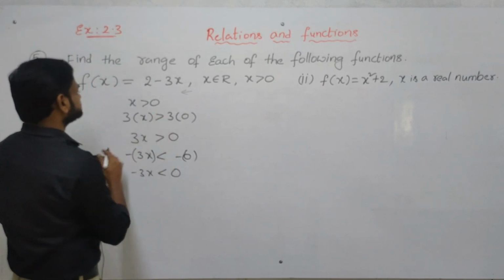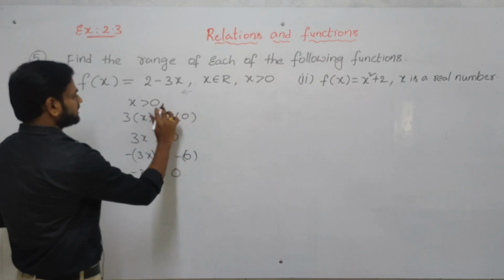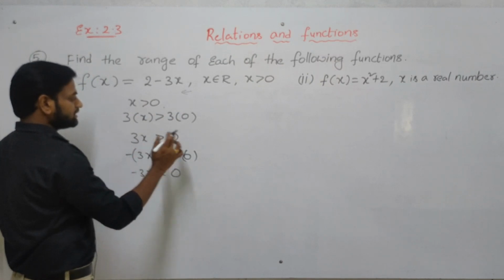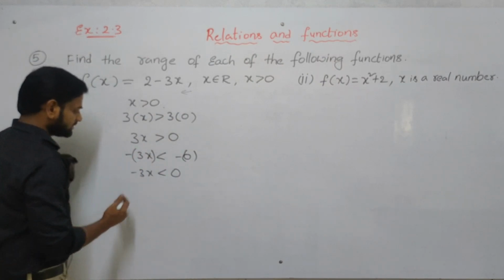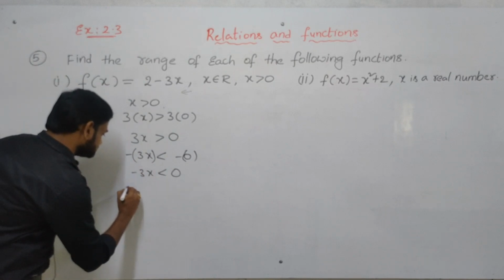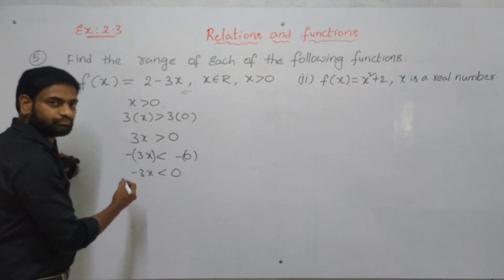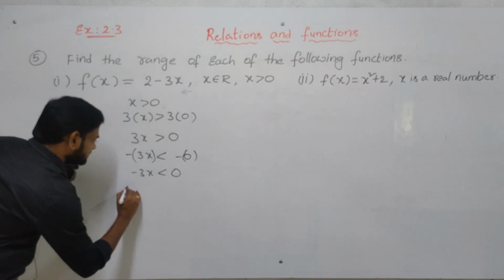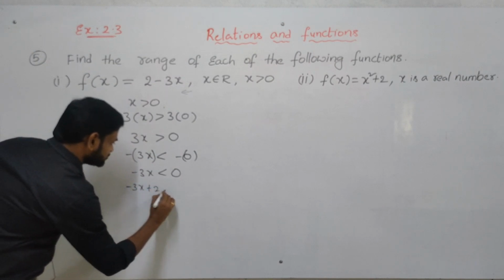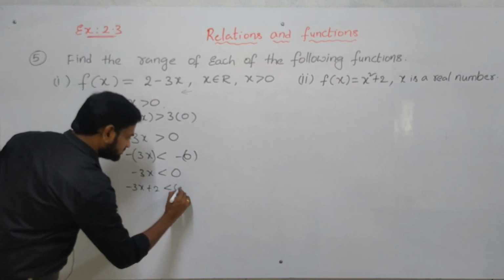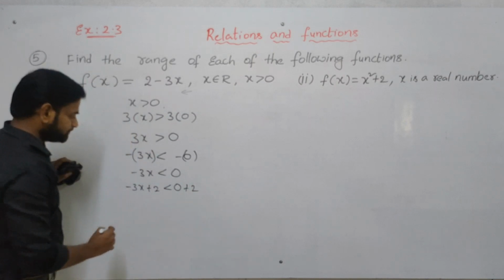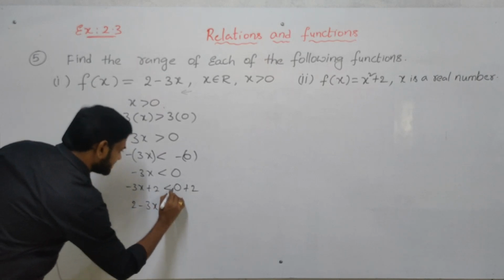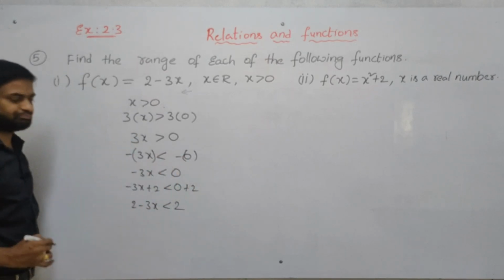Here we write multiply 3 on both sides, here multiply minus on both sides, and here adding 2 on both sides. So that is minus 3x plus 2 less than 0 plus 2. We can write this as 2 minus 3x less than 2.